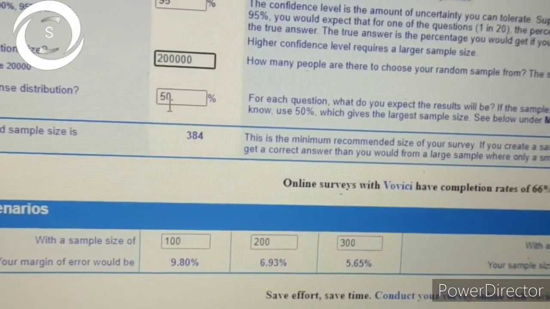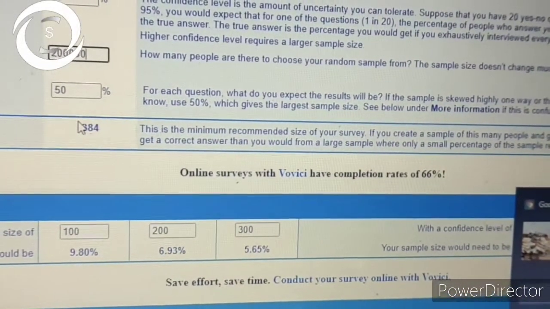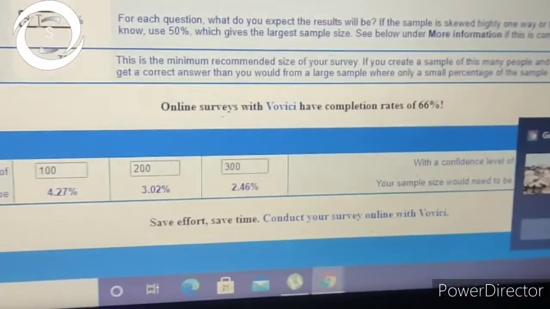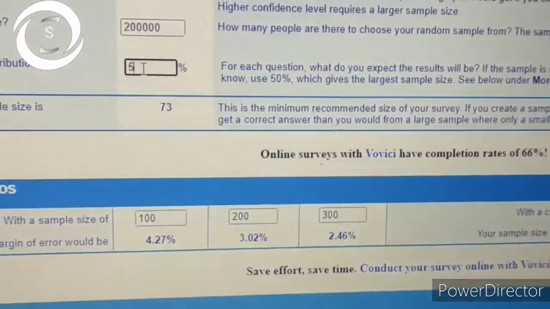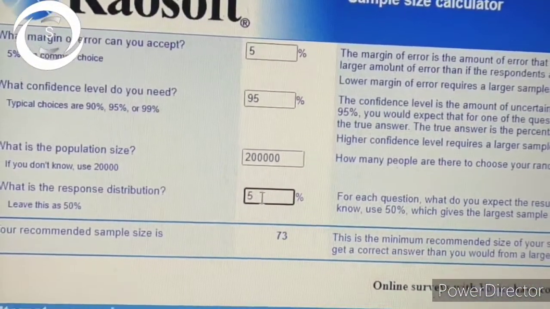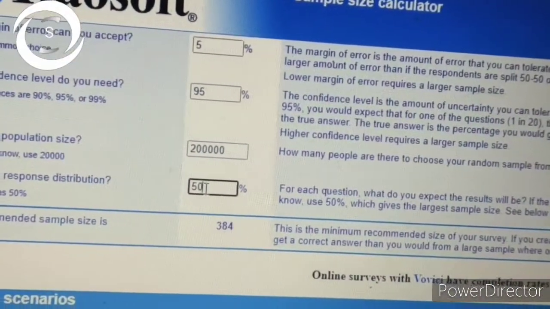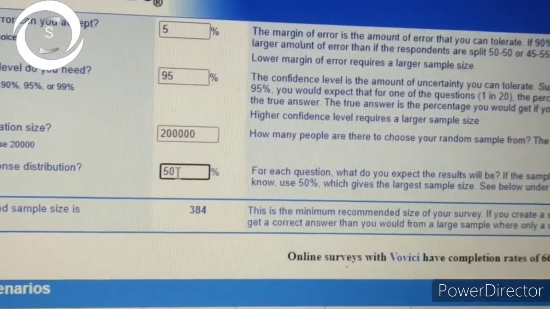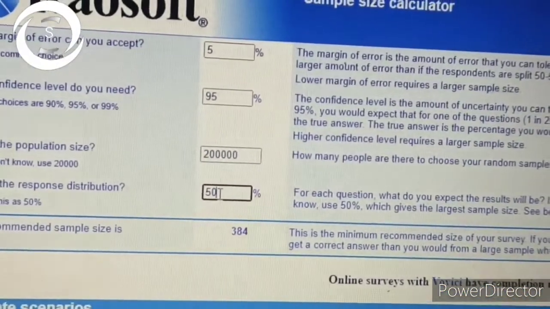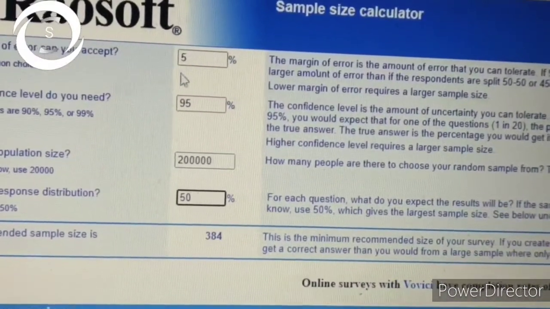Leave it at 50%. So your recommended sample size becomes 384, or if you set the response distribution to 5%, then your sample size becomes 73. If you don't know, you can leave it as 50, and now you can also do some changes like the confidence interval.